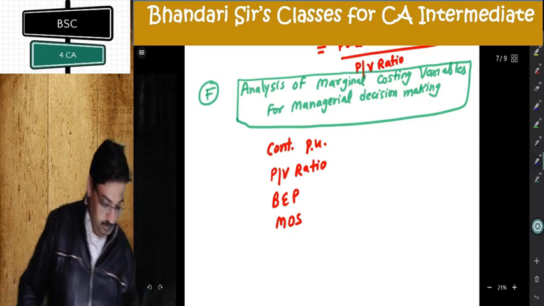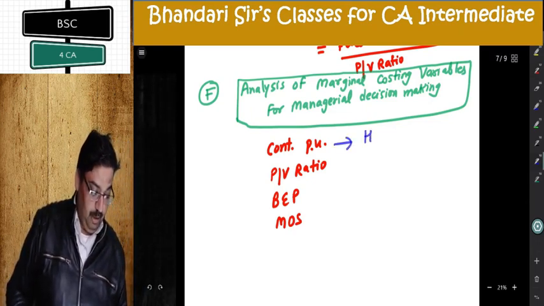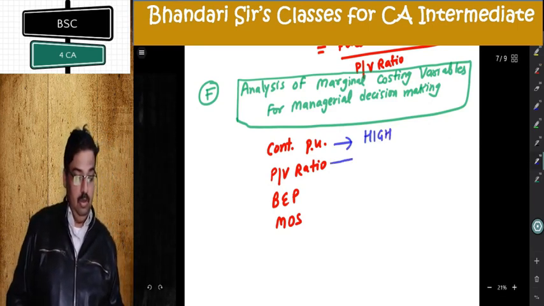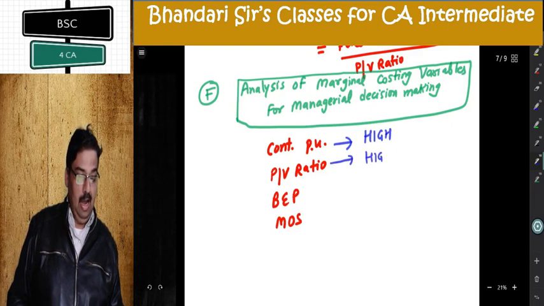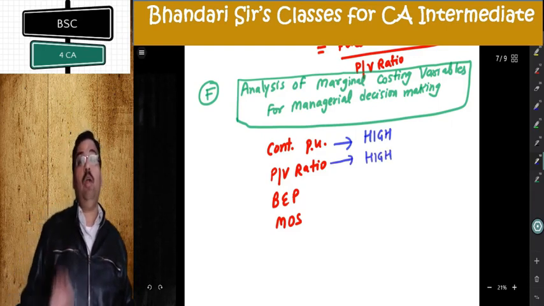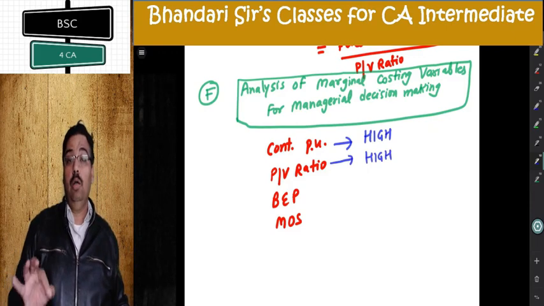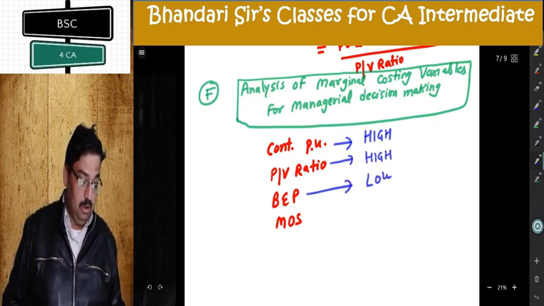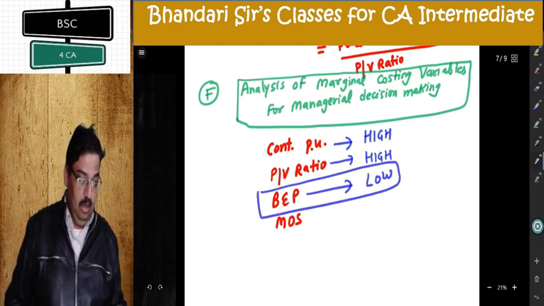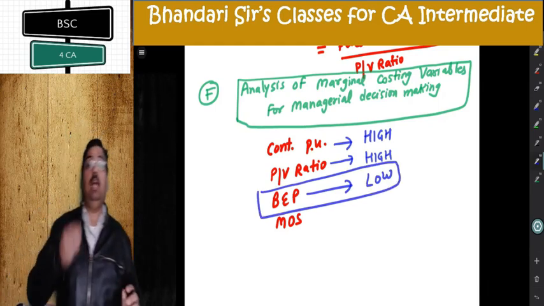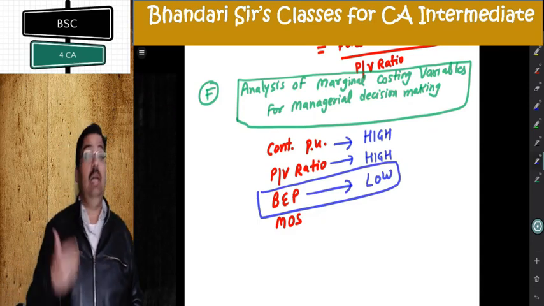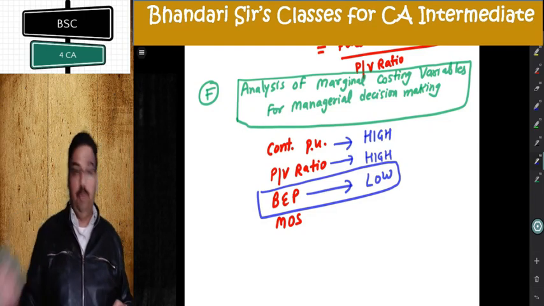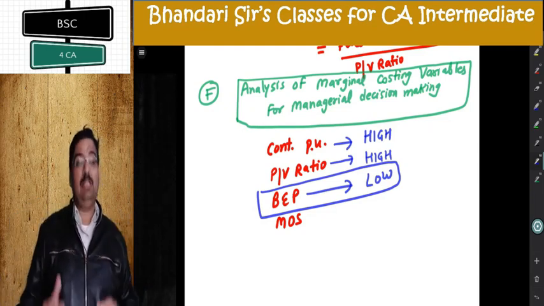Now, contribution per unit should be high, as high as possible. PV ratio high, as high as possible. I like to have more absolute profits. I like to have more relative profits. Break-even point as low as possible. Very important. It is a point after which I will start earning profit. Lower it is, earlier I will start earning profit. So break-even point in units, in rupees, whatever it is, it should be as low as possible.